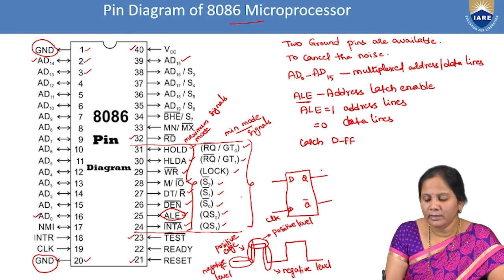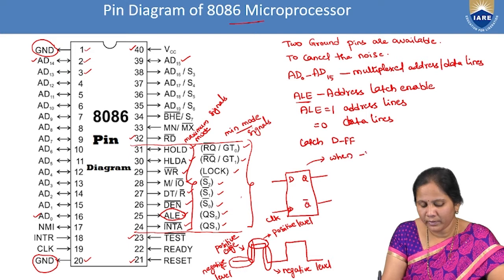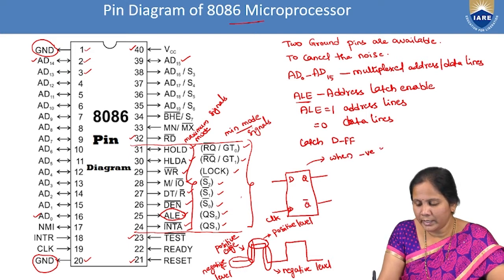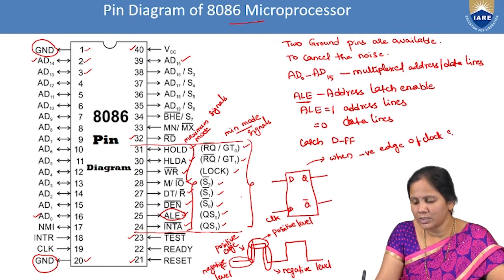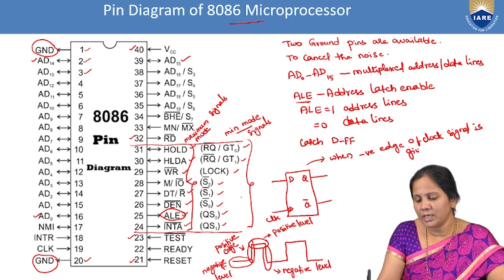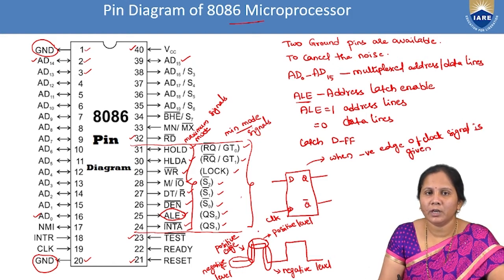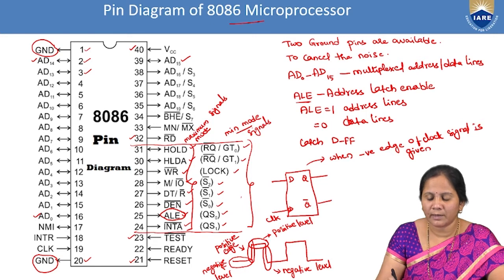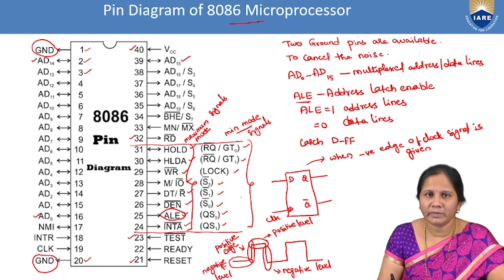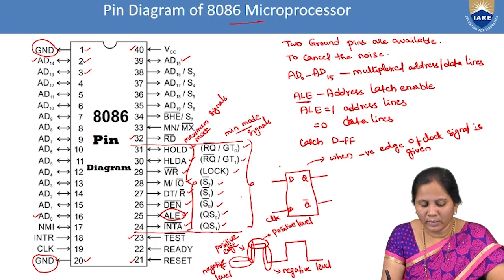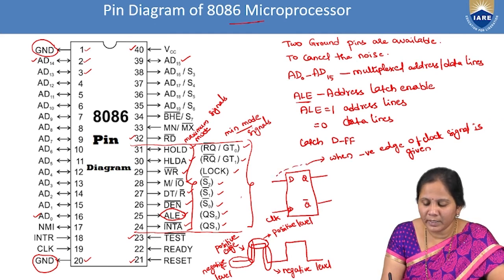For this flip-flop, when the negative edge of the clock signal is given to this D flip-flop, whatever you give across D is transferred to Q also.